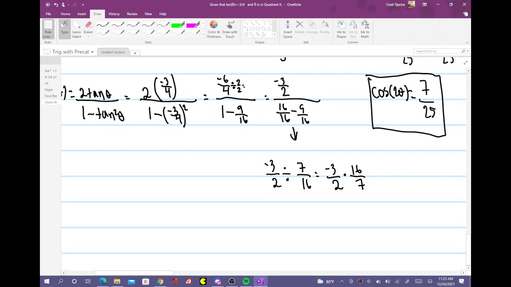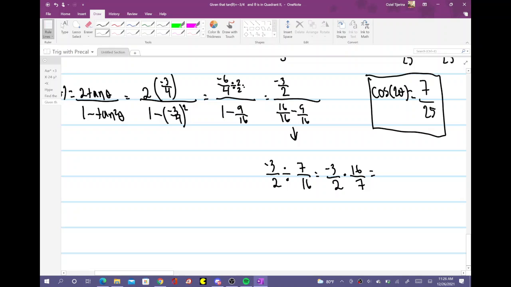If you have a calculator, you can use a calculator, if they let you. So this is going to be -24/7.